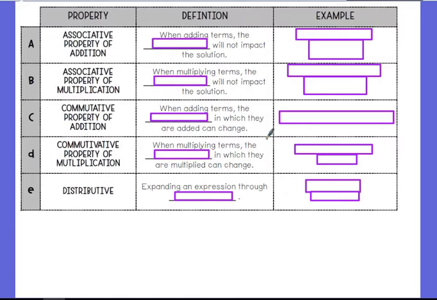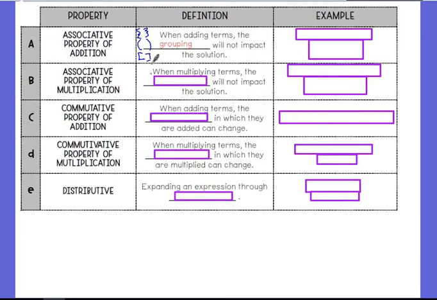First property we have is associative property of addition. The definition of associative property of addition is when adding terms, the grouping will not impact the solution. Grouping means parentheses or brackets or face brackets.